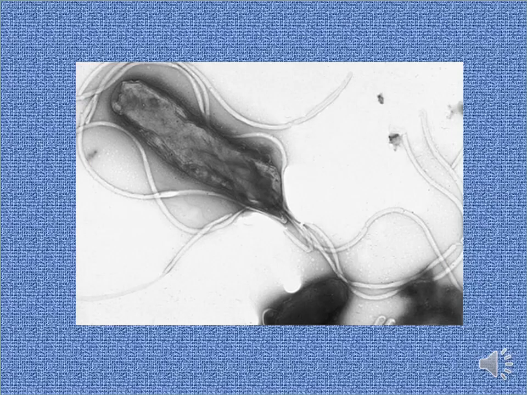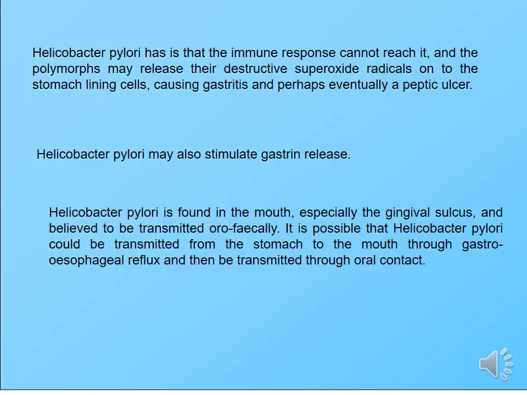This figure shows the shape of the Helicobacter pylori and its formation. The immune response cannot reach the Helicobacter pylori, and the polymorphs may release their destructive superoxide radicals onto the stomach lining cells, causing gastritis and perhaps eventually a peptic ulcer.